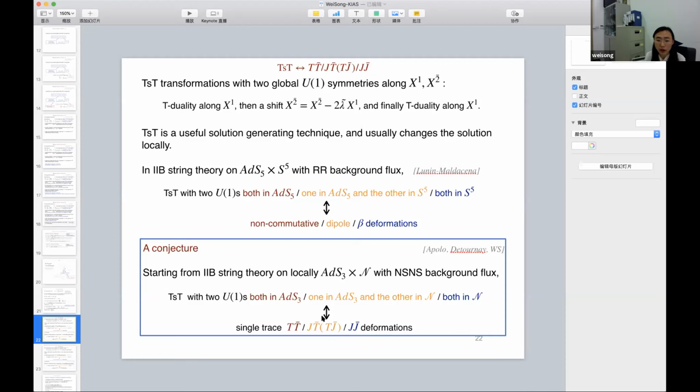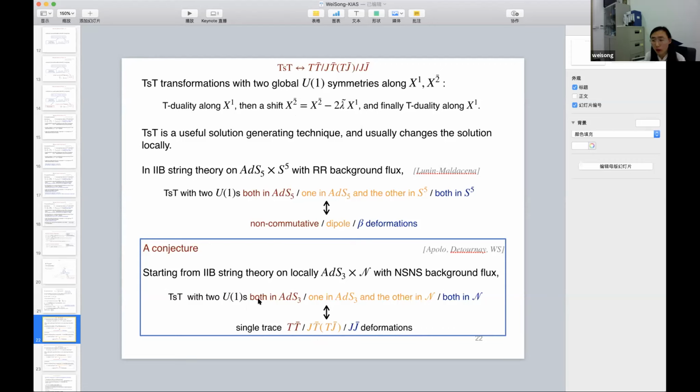And again, the correspondence depends on the directions of the two U(1)s you choose to perform your TsT transformation.